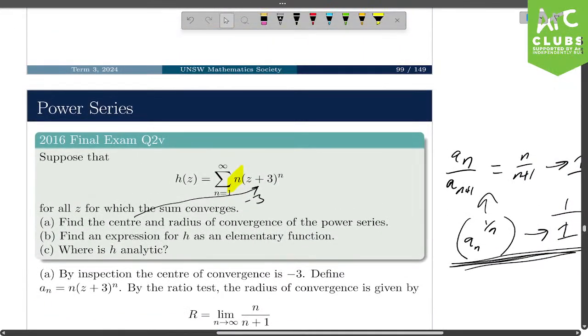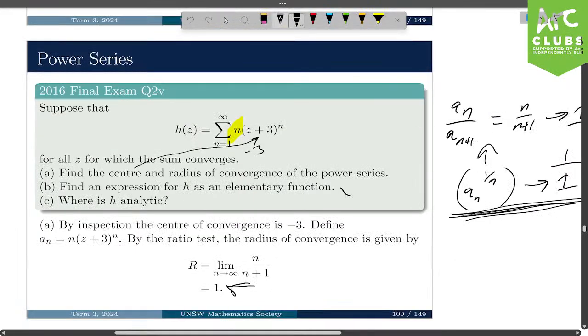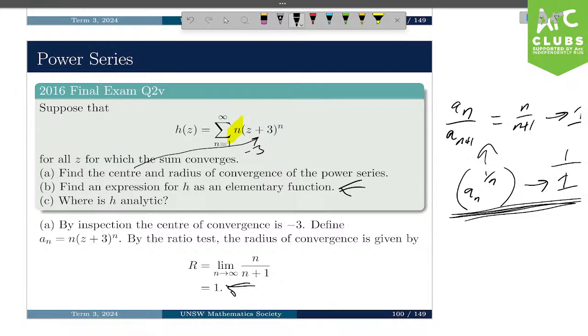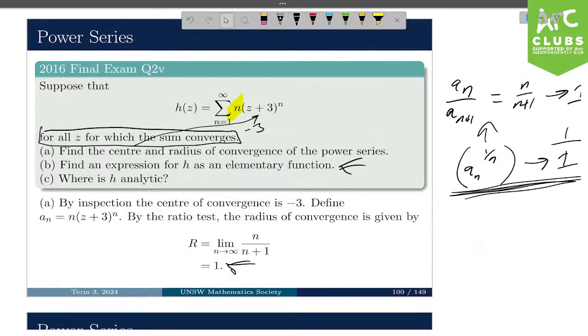And this is really important, mind you. It says for all z for which the sum converges. So since it converges, the geometric sum should be finite, therefore the magnitude of whatever denominator I get should be within bounds.